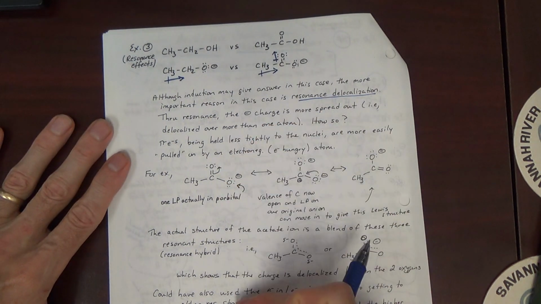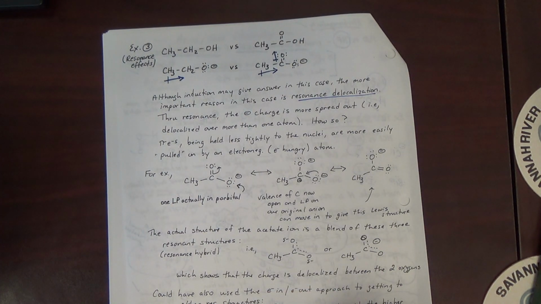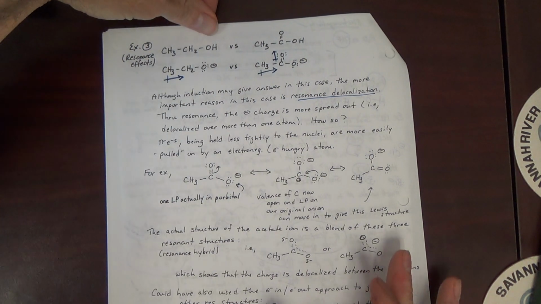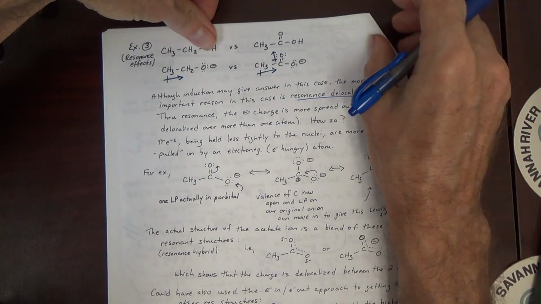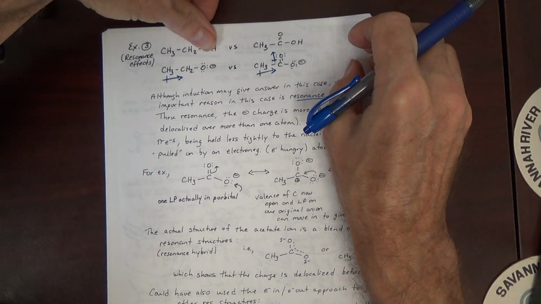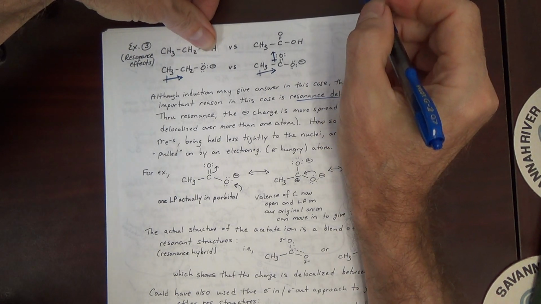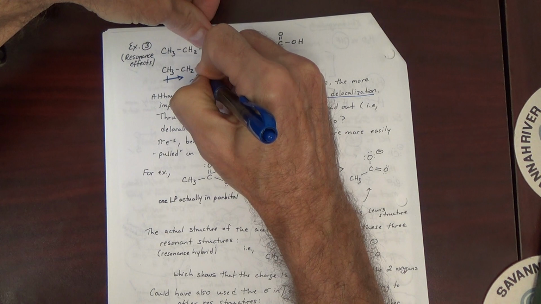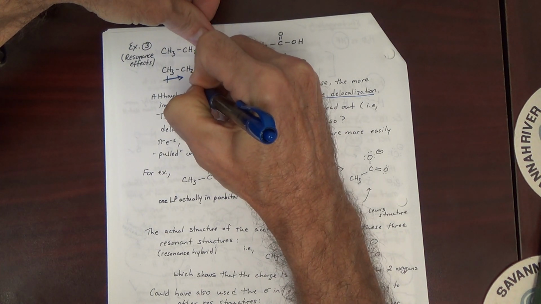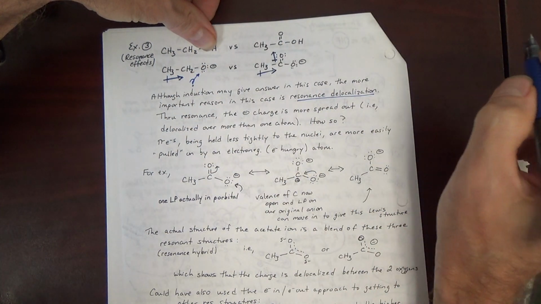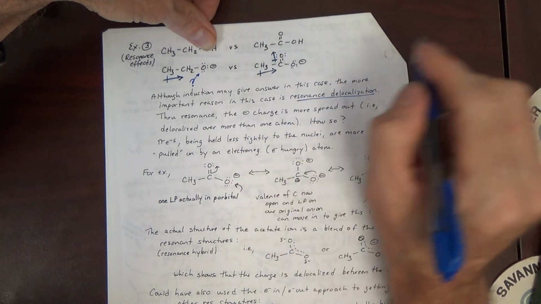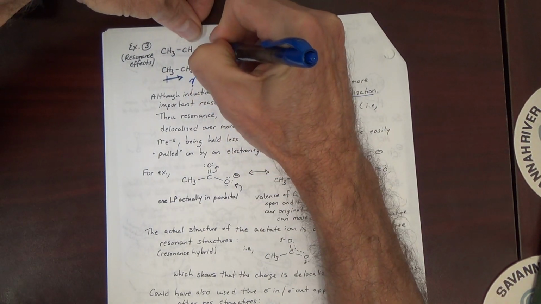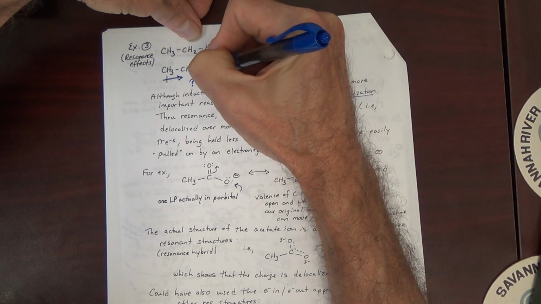Now you can read what I have here. I'm going to give you a different take on it to begin with. This is resonance, but let's look at it in this way. Let's look at the hybridization of this oxygen. We've got a third lone pair: 2 lone pairs, now 3.